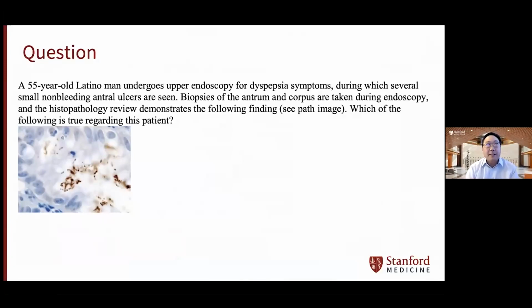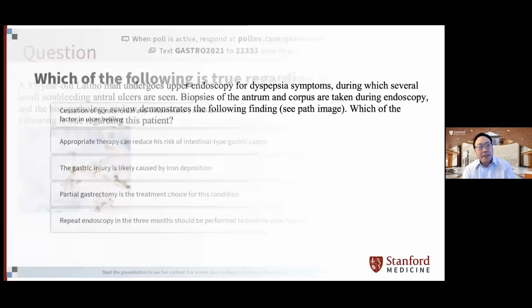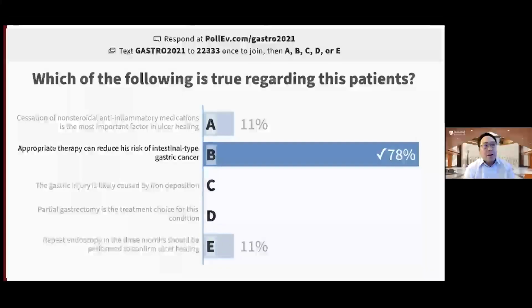Pretty much any minority is at higher risk for H. pylori infection. They're associated with dyspepsia symptoms as well as non-bleeding antral ulcer. So this is just a classic presentation of someone with H. pylori gastritis and ulcers.